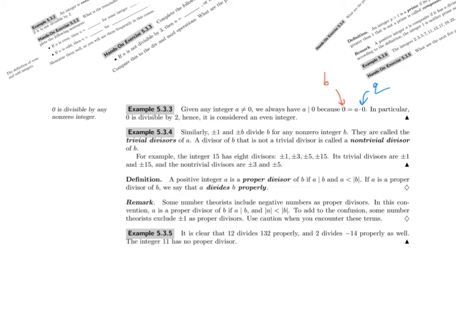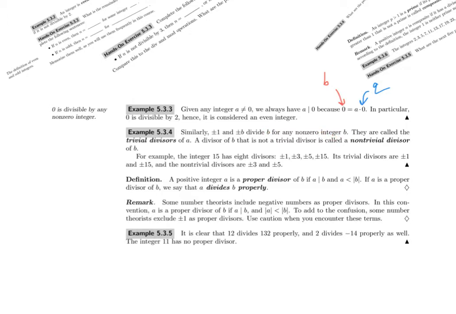For example, 0 is divisible by 2, and based on the definition we referenced over here, that tells us that 0 is considered an even integer. In general, if you have any integer b, we know that positive 1, negative 1, positive b, and negative b all divide b for any non-zero integer b.